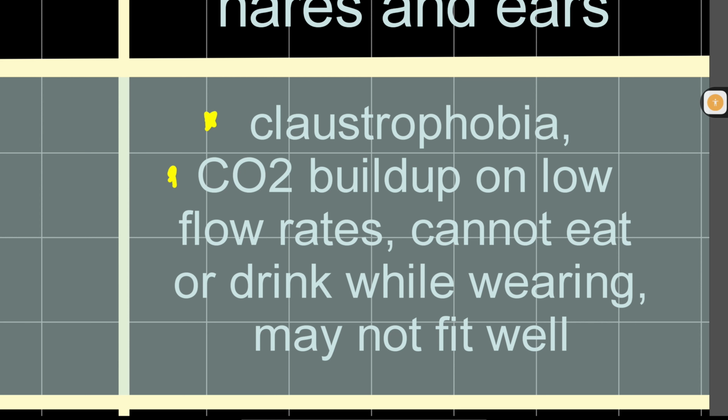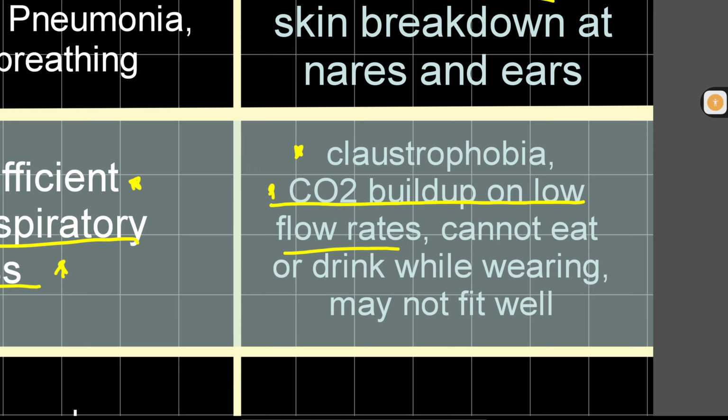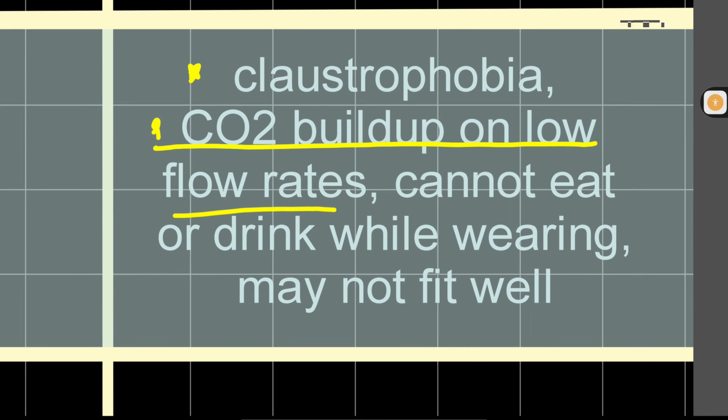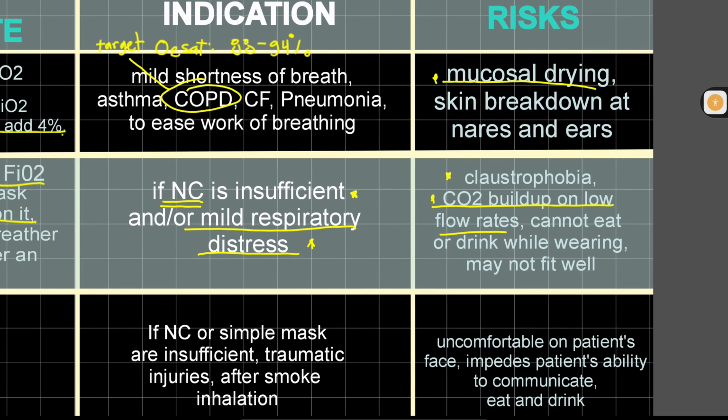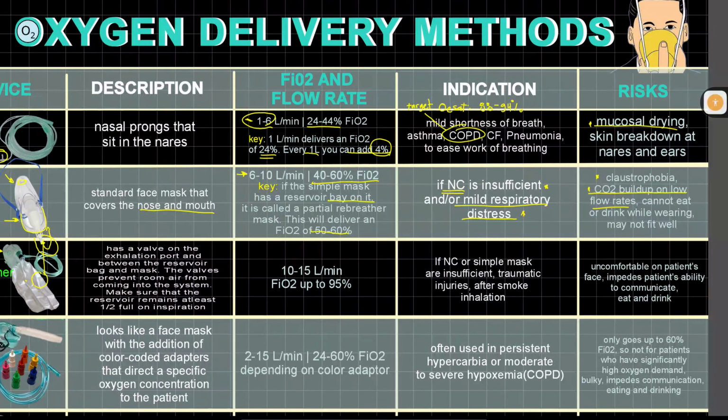So claustrophobia, CO2 retention could show up, CO2 buildup on low flow rates, and the patient cannot eat or drink while wearing it. Since the delivery targets the nose and mouth, your patient may have a hard time eating, drinking, or talking. And some face masks, if not placed properly or if sizes are not available, may not fit well, leading to ineffective delivery of oxygen.